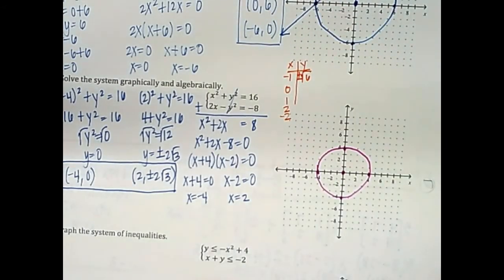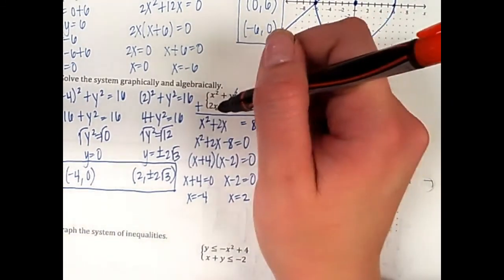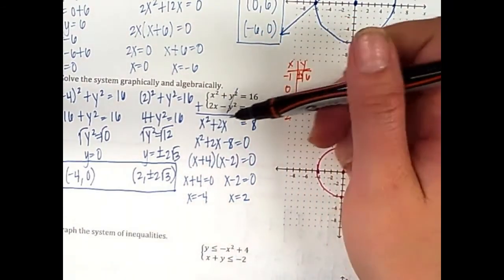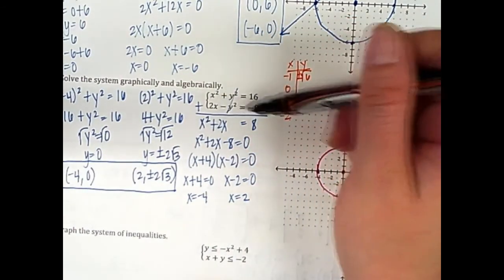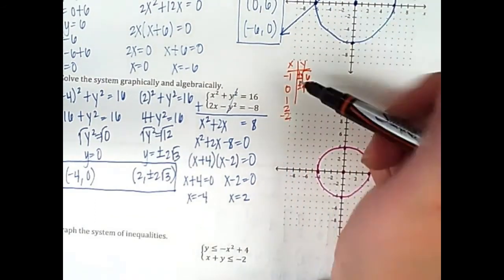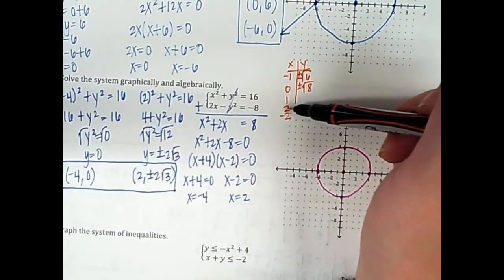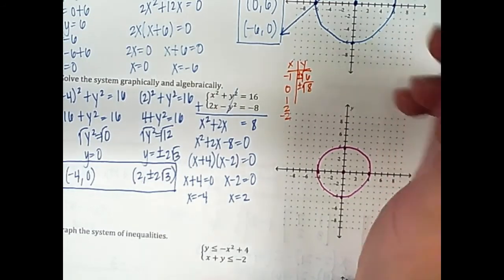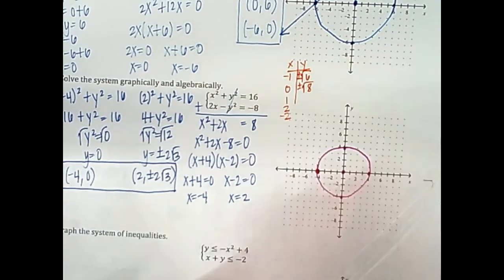On the test, you're not going to have one that's this hard to graph. I recognize that too late, and so I apologize for this one being a little bit difficult to graph. So with this, it would be 0, and then y squared equals 8, so it would be plus or minus rad 8. But what actually helps is looking at the 2's, and we know it intersects here.